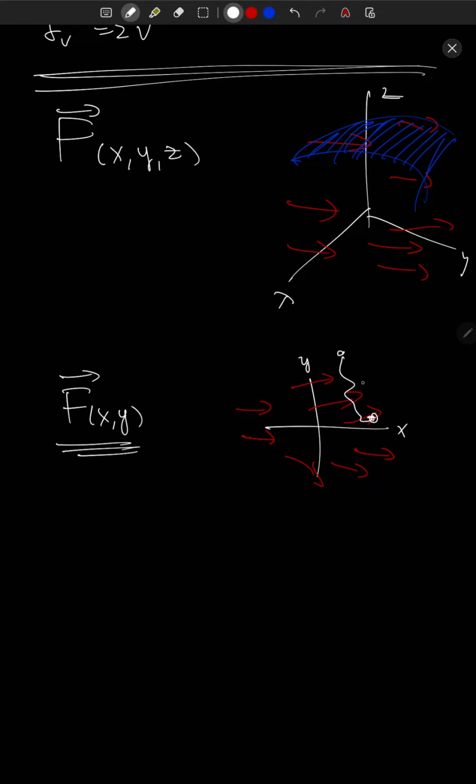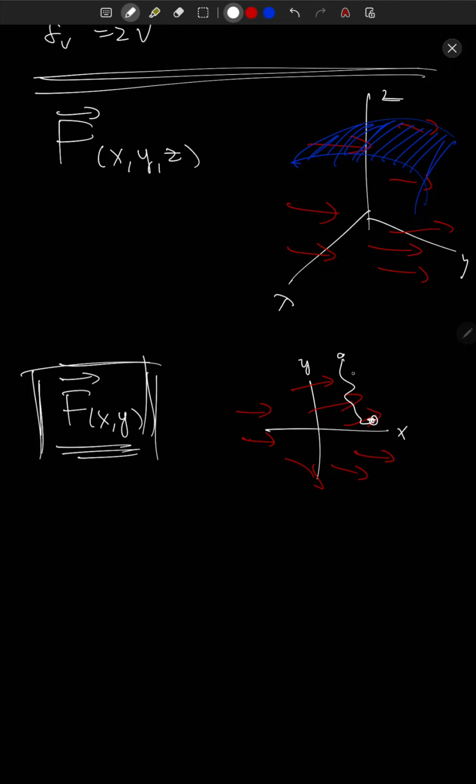The flux integral is how much stuff is flowing across the curve, if you think of the vector field as fluid flow. In that case, we had to give the curve a direction, an orientation.